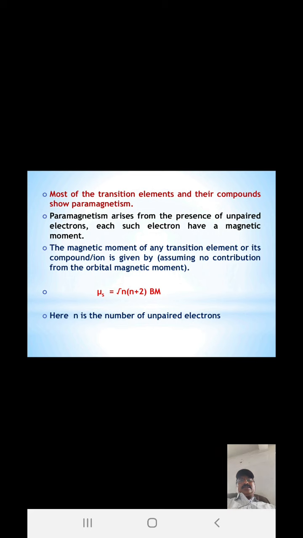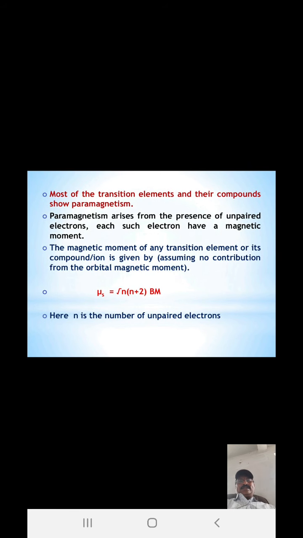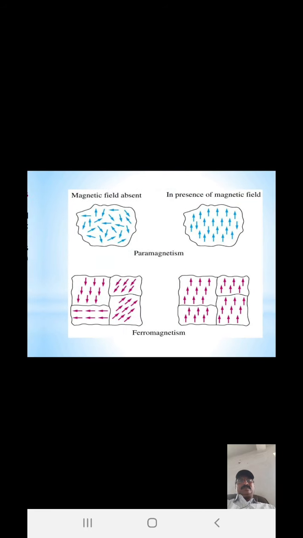See here, paramagnetism arises from the presence of unpaired electrons. Each such electron has a magnetic moment. The magnetic moment of any transition element or its compound or ion is given by μs = √(n(n+2)) Bohr magnetons. Here n is the number of unpaired electrons.